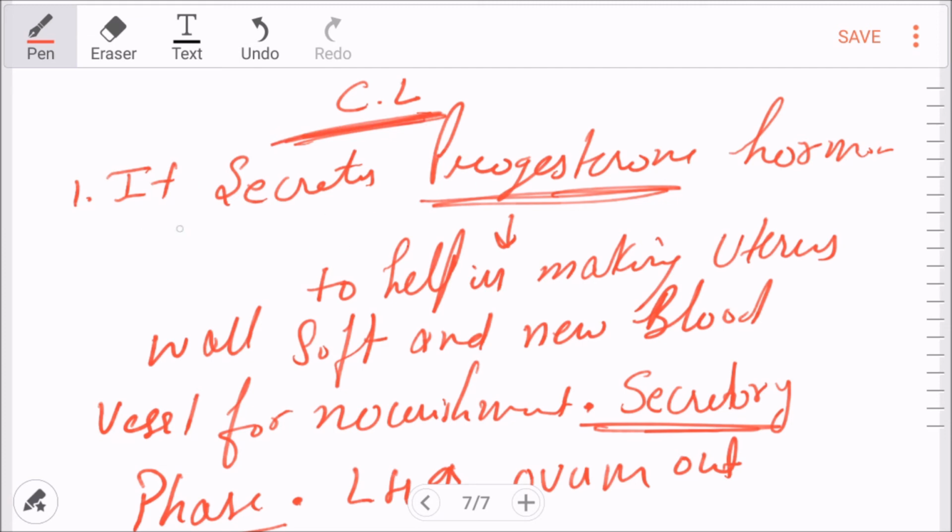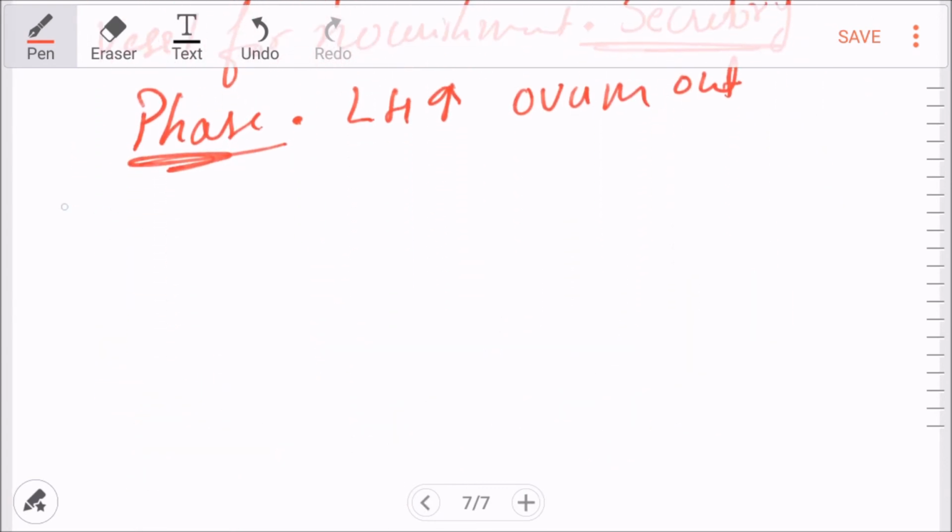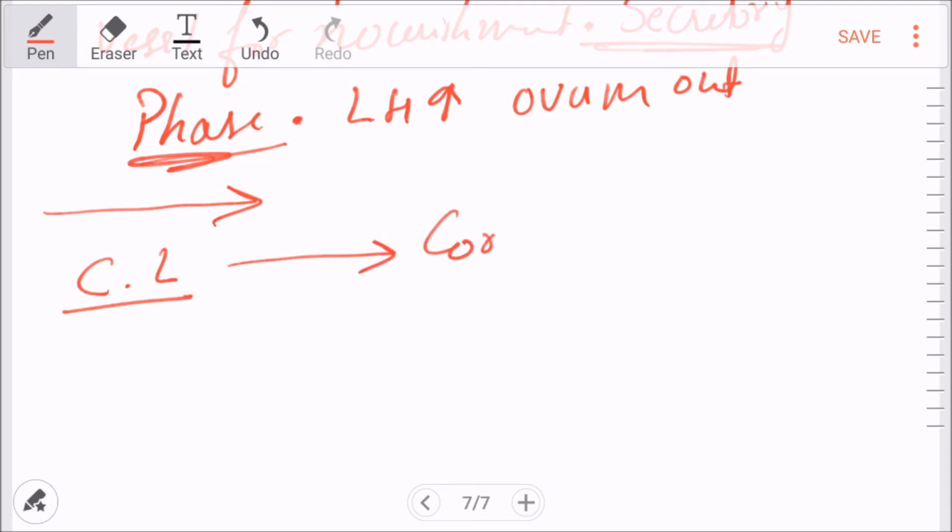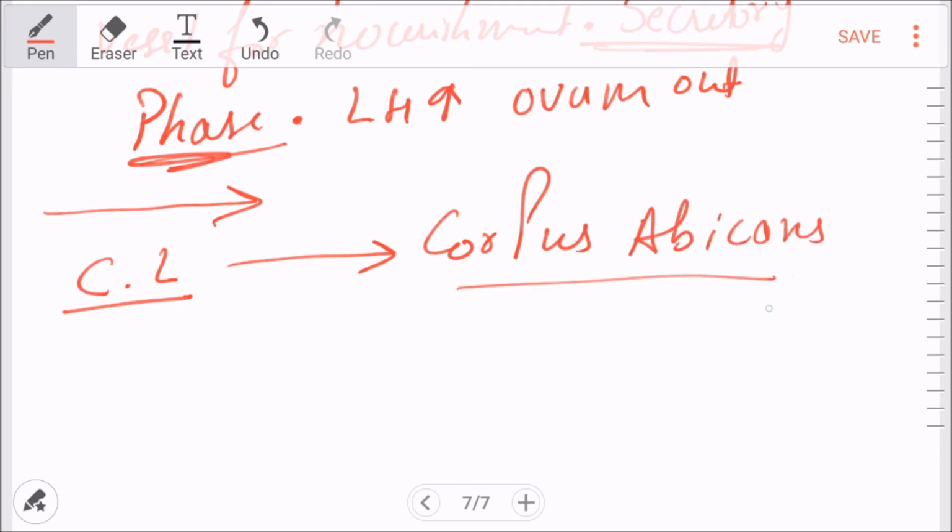If there is no fertilization, the corpus luteum will die after 12 days. When the corpus luteum degenerates, it converts into corpus albicans, and this is the last product of the cycle.